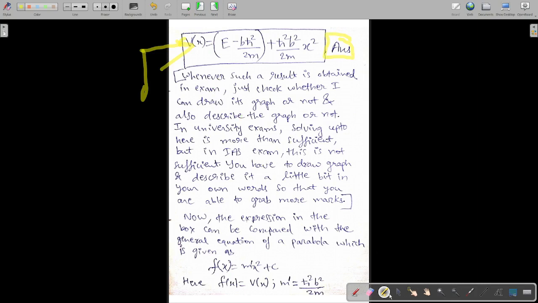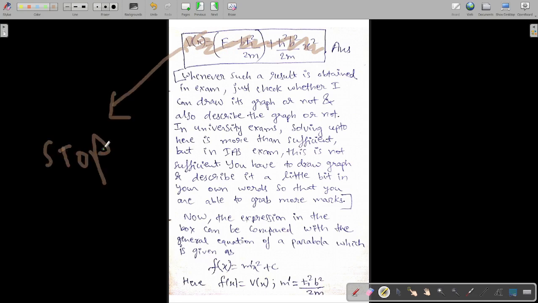Now, what is the difference between the university exam and the IAS exam? I am telling you that in the university exam, when such a result is obtained, you can stop the answer here. But in the IAS physics optional exam, whenever such a result is obtained, just check whether I can draw its graph or not, because you have to grab marks here.